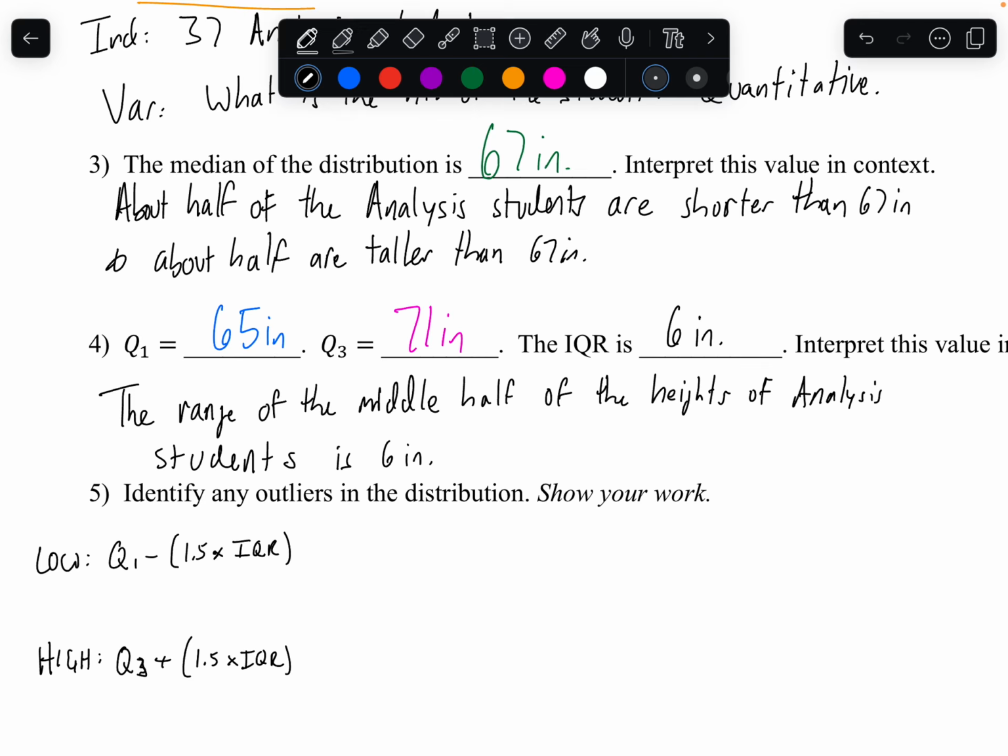So again, memorize those. Our Q1 was 65 minus 1.5 times, and the IQR was 6. So 1.5 times 6 is 9, and 65 minus 9 is 56. And then Q3 was 71 plus 1.5 times 6. 1.5 times 6 is 9, and 9 plus 71 is 80.